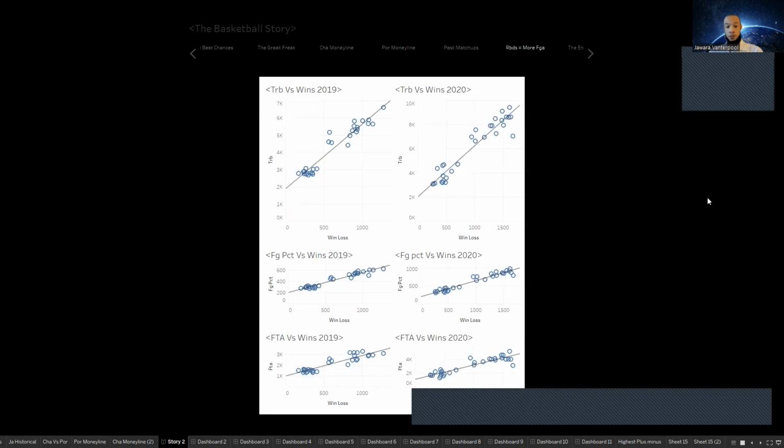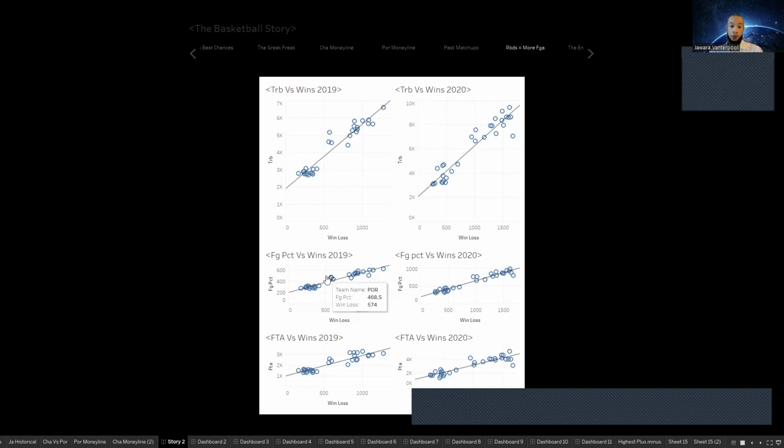Now, this final graph I'll show you is actually a comparison, which I have 6 linear regression graphs with total rebounds, field goal percentage, and free throws attempted in the 2019 and 2020 seasons to see which one has the highest R squared value, or the biggest relation to winning.